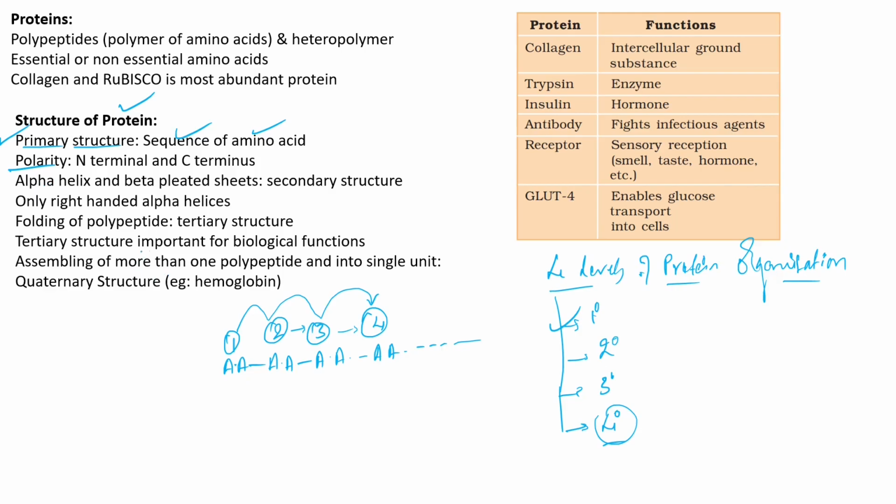So generally, the beginning end is called the N terminus, and the end part is called the C terminus. Now, why do we refer to the beginning of the protein as the N terminus and the end of the protein as the C terminus?